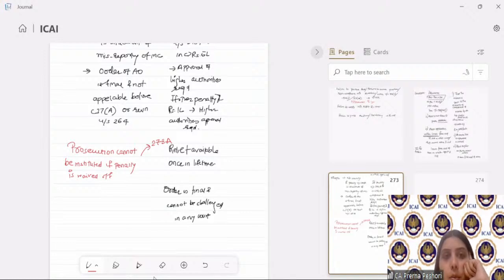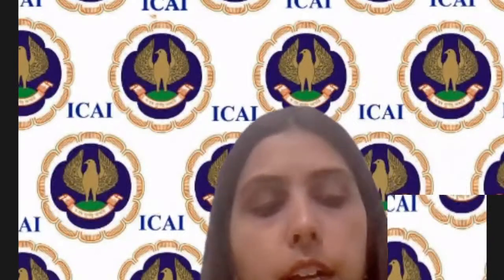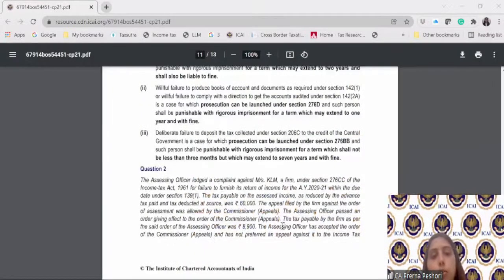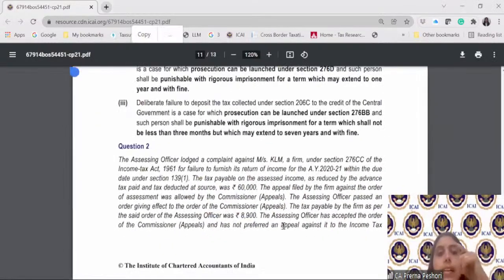Okay. One question before we move to the next topic, which you have to answer from your module. Question number 2: AO lodged a complaint against Messrs KLM, a firm, under 276CC, for failure to furnish return of income within the due date.